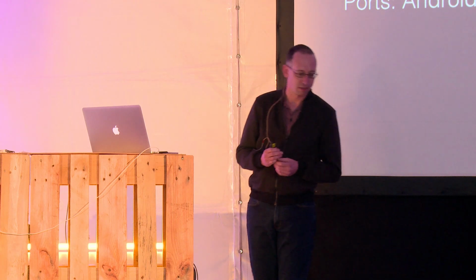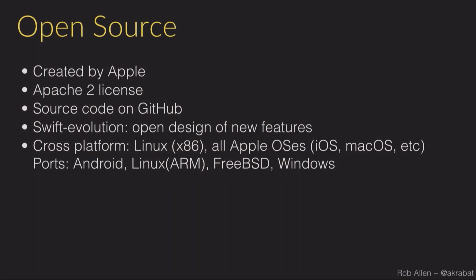Swift is open source. It was created by Apple. It is Apache 2 licensed. That means that all the source code is on GitHub, can't be taken away from us. It has an open design evolution system.